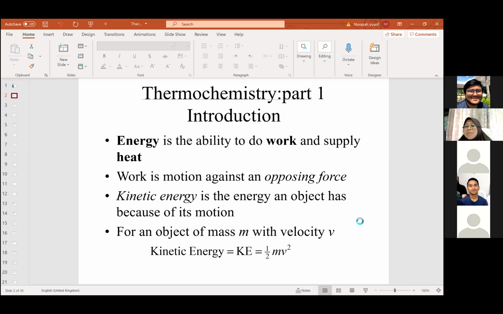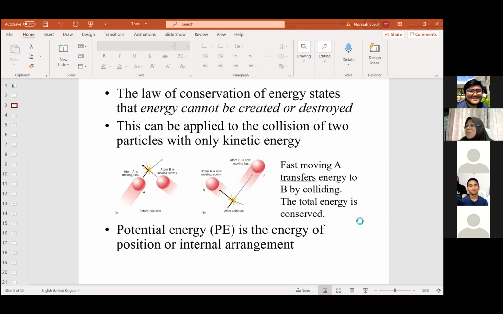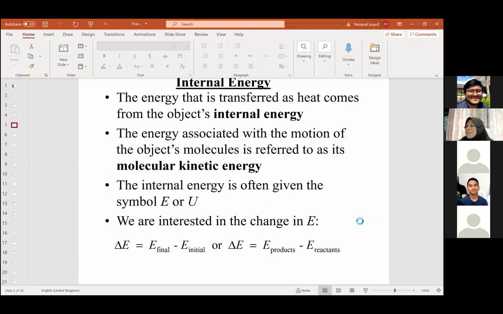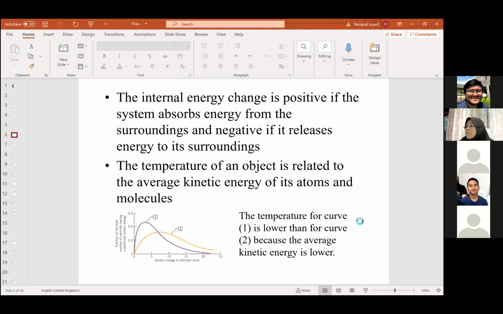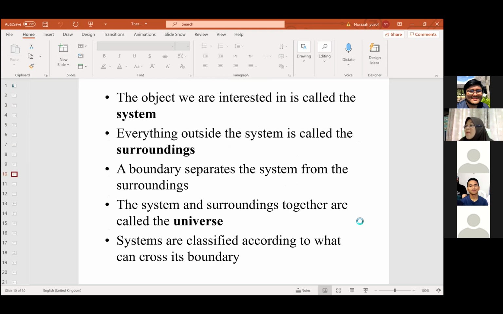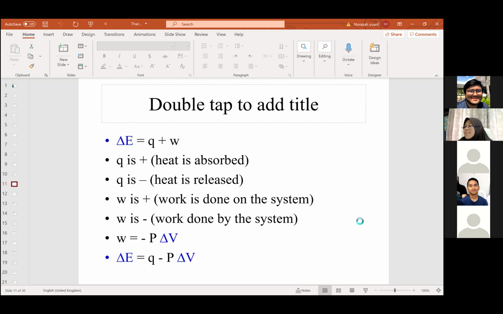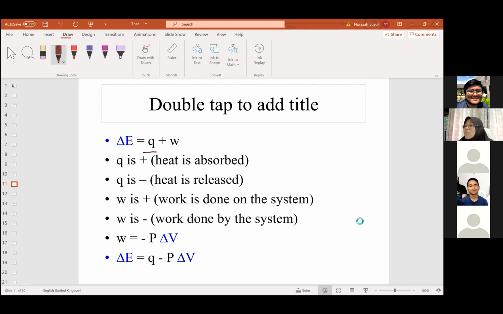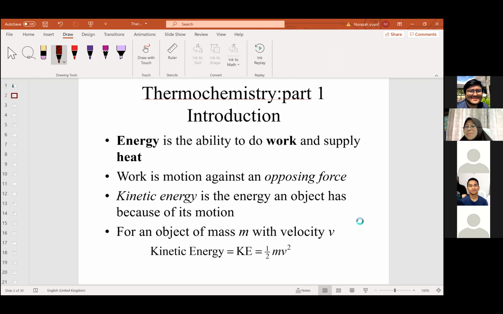The relation is, delta E, the change in energy, is equal to Q, which is heat, plus work. So that is the basis of what we're going to discuss until enthalpy.